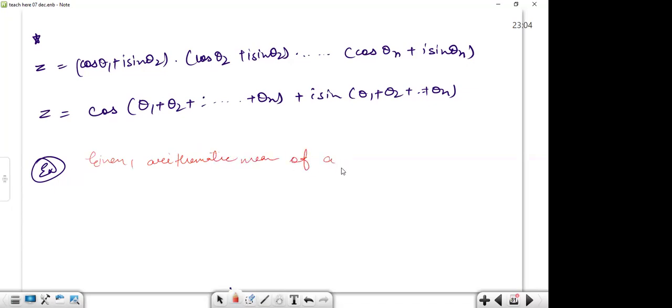Given arithmetic mean of A, B, C, D, E is 5.